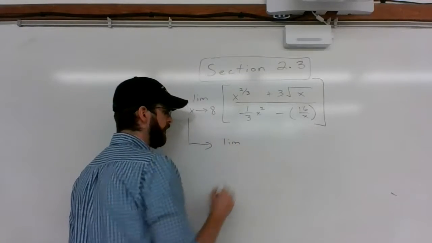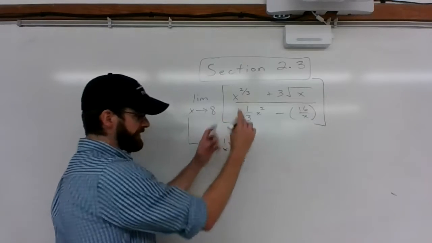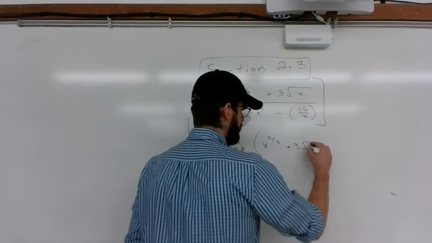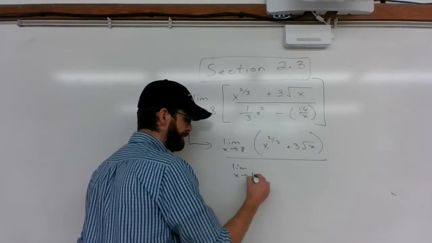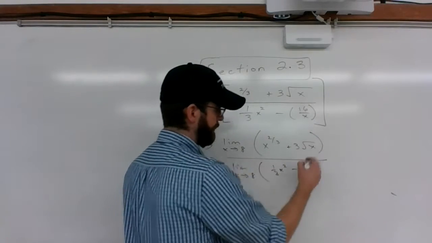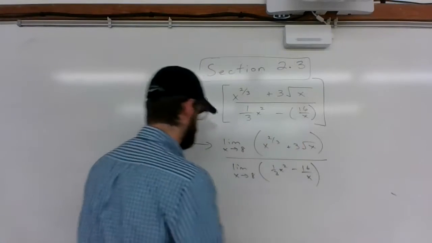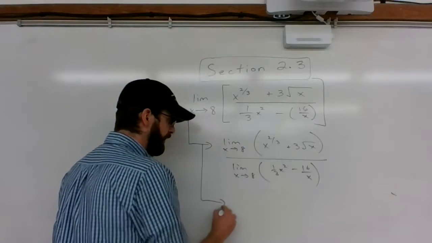You can break this apart and say that this is the limit as x approaches 8 of the top divided by the limit as x approaches 8 of just the bottom. And I'll just say minus 16 over x. Really no need for parentheses here. But then I can break it down even further.